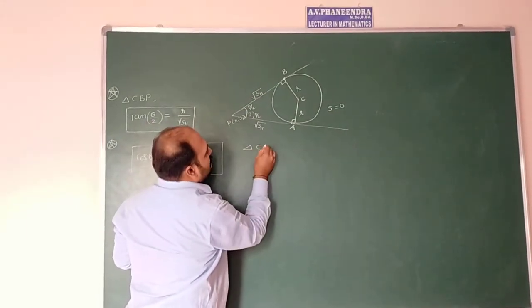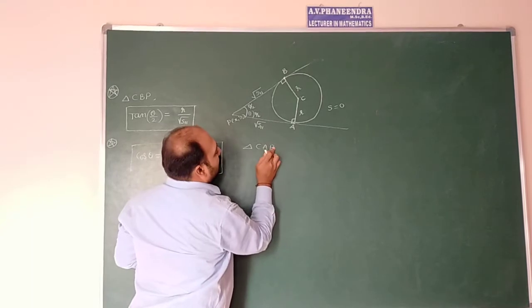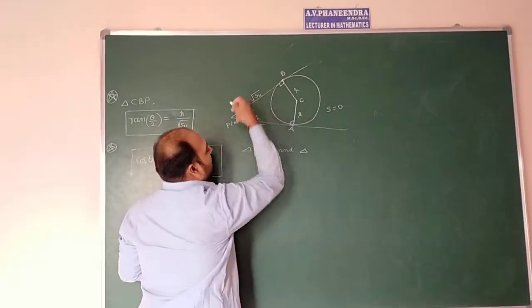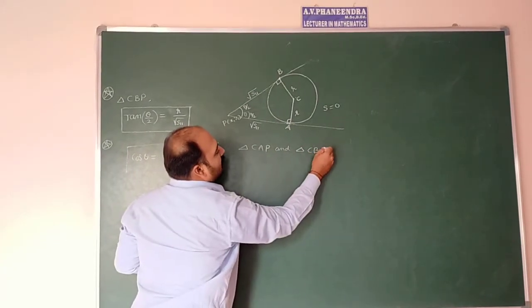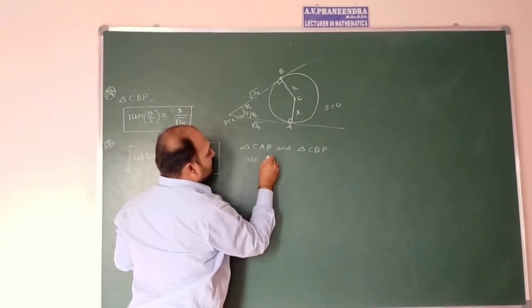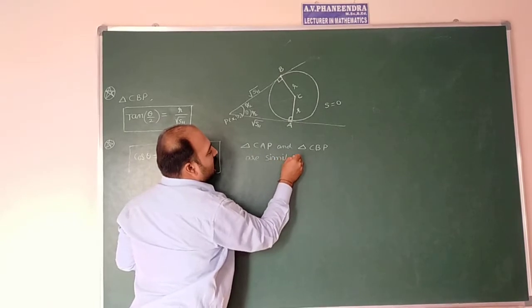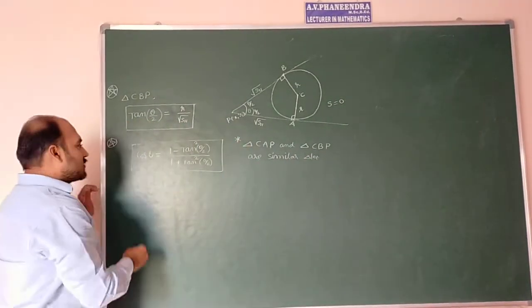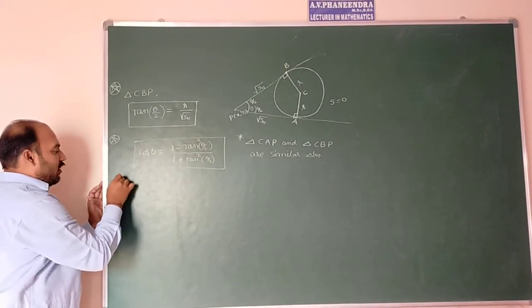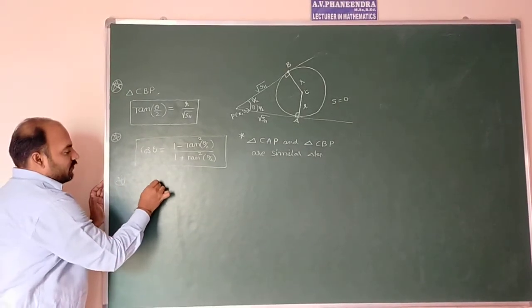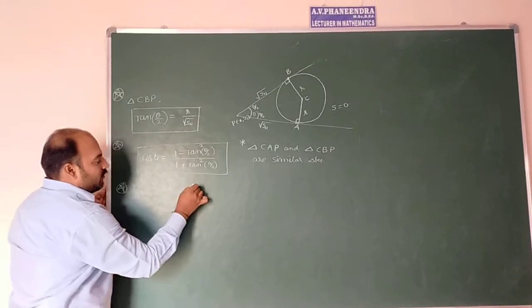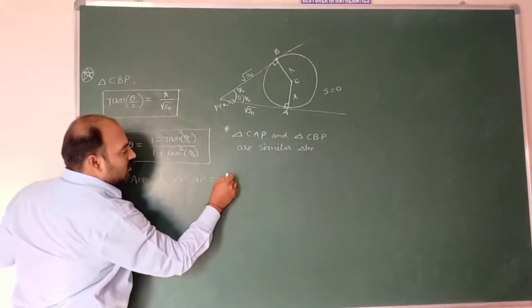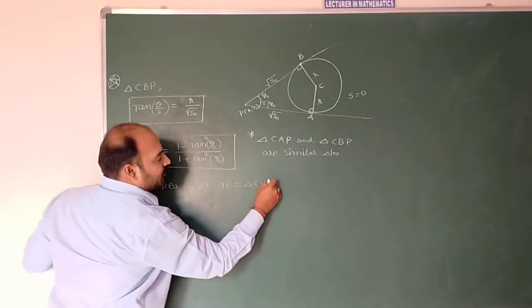Triangle CAP and triangle CBP are similar triangles. Suppose they ask the area of triangle CAP or triangle CBP.